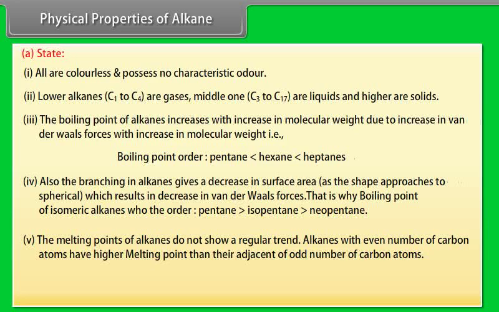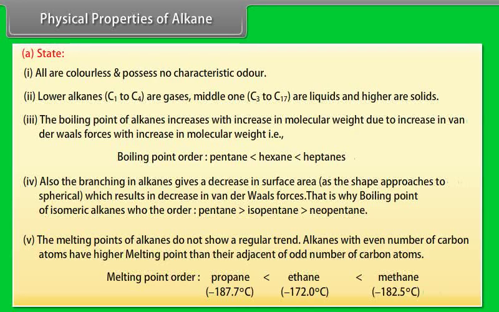Number 5: the melting points of alkanes do not show a regular trend. Alkanes with an even number of carbon atoms have higher melting points than their adjacent alkanes with an odd number of carbon atoms. Melting point order: propane is less than ethane is less than methane.